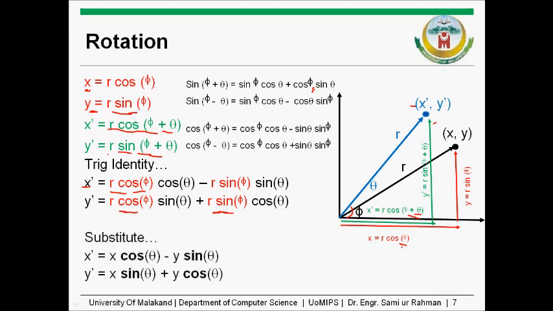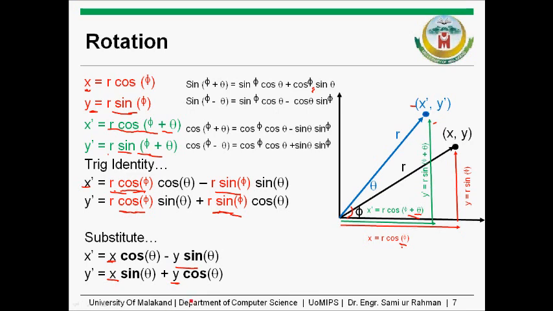So simple. This r cos phi value is replaced by x, and this is replaced by y. This one is replaced by x, and this is replaced by y.